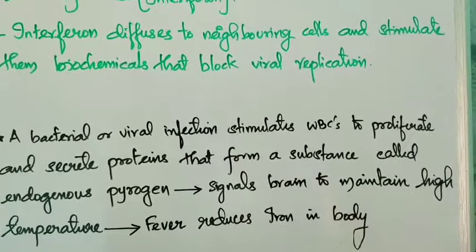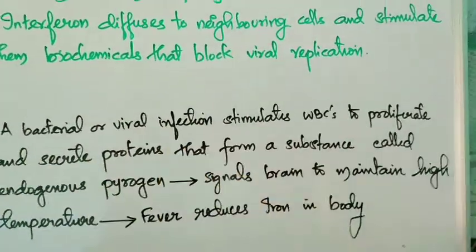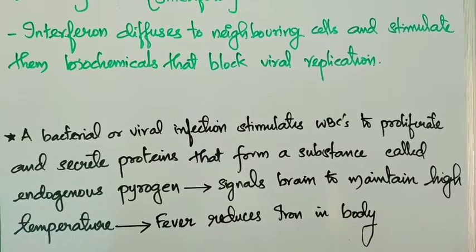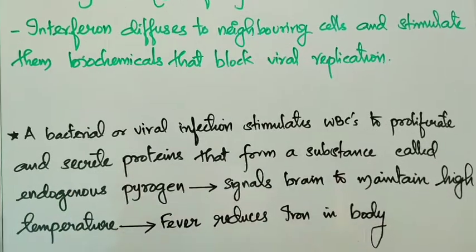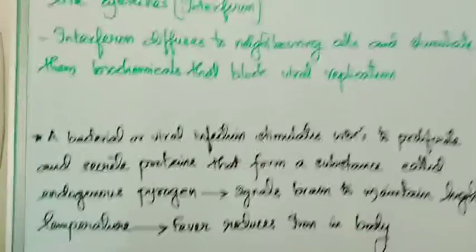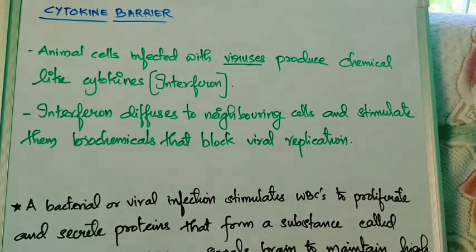Not only that, when the temperature is increased very high, if they are made up of proteins they may undergo denaturation. That is the theory behind fever. Alright, so this was innate immunity. Let us move on to acquired immunity.